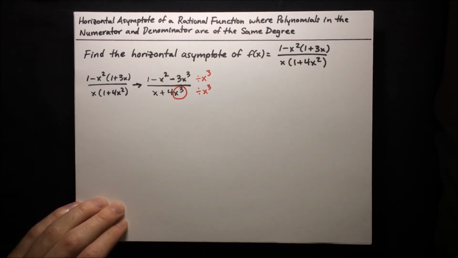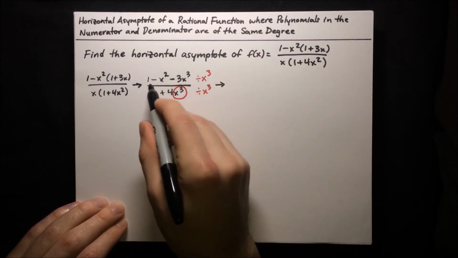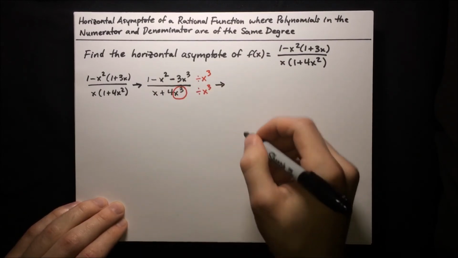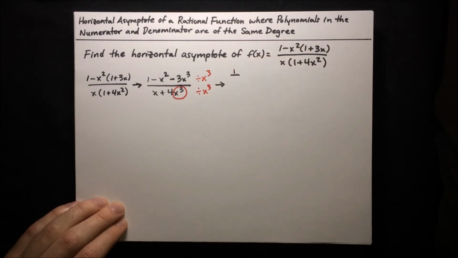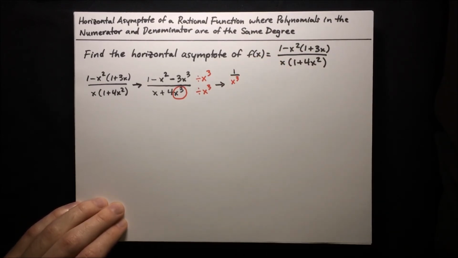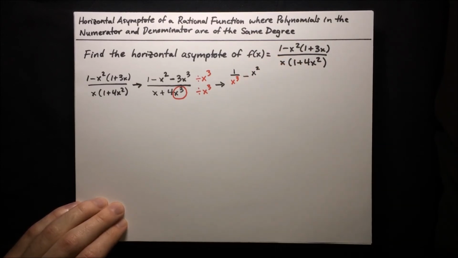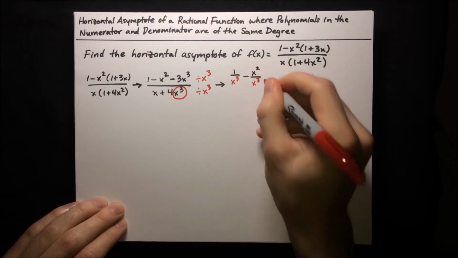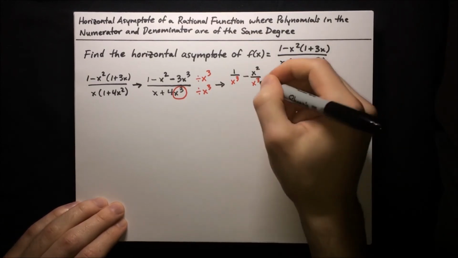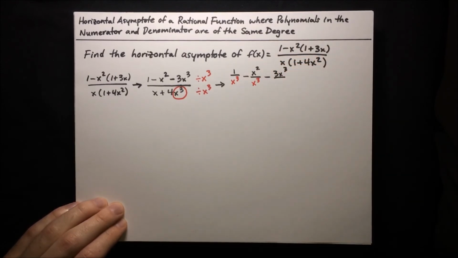Alright, so now let's go ahead and simplify. So we'll just divide each term individually by x to the third. So 1 divided by x to the third, and then minus x squared divided by x to the third, and then minus 3x to the third divided by x to the third.